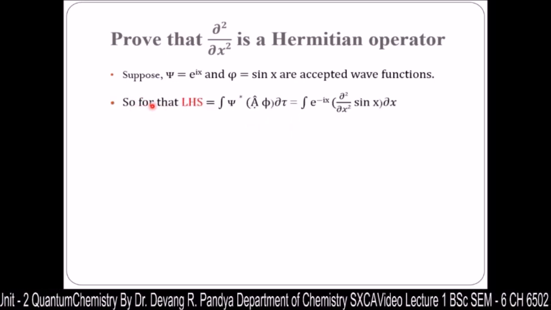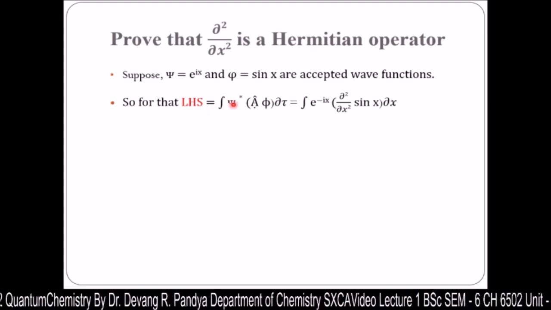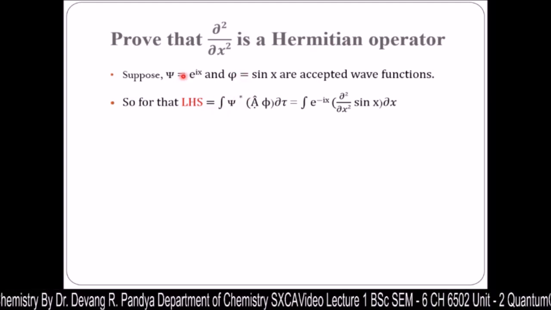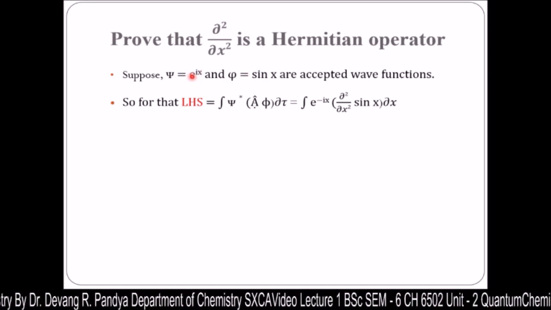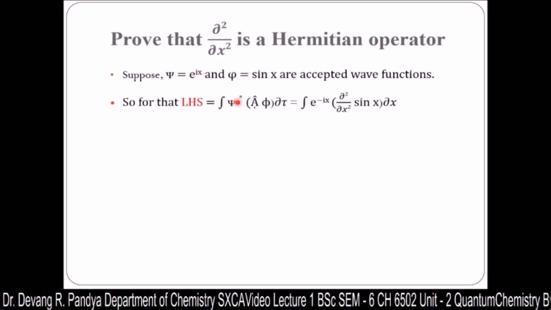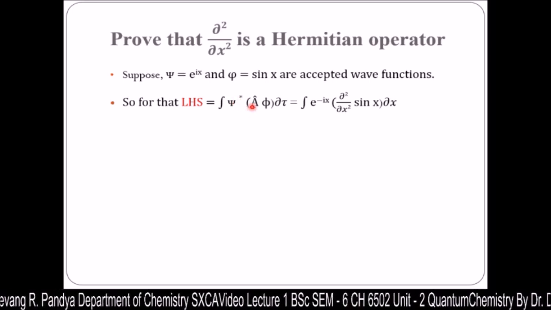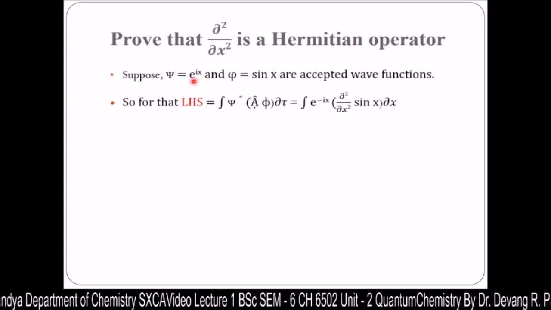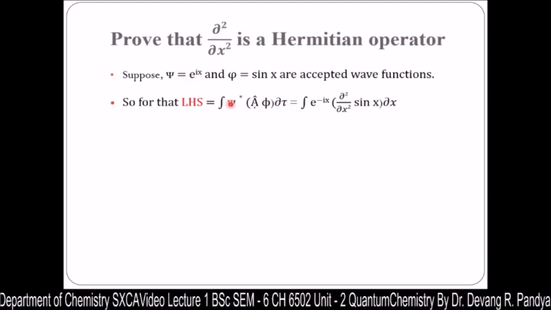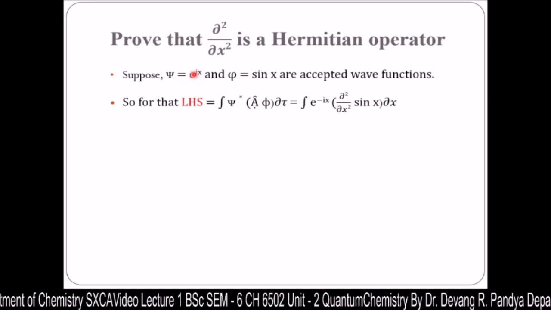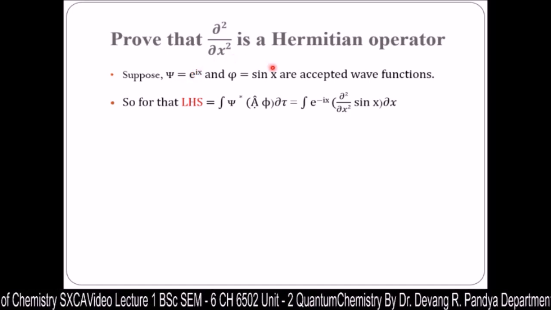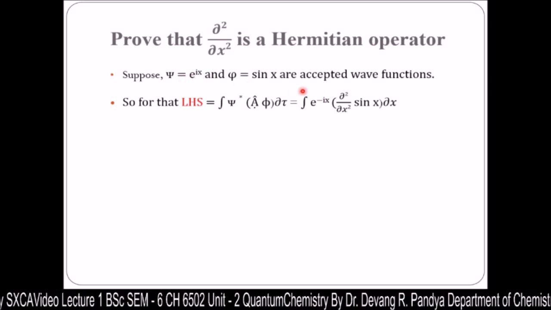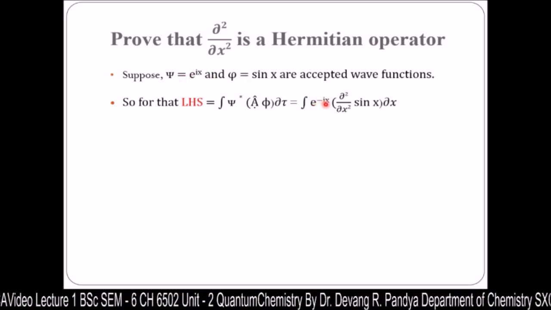So for that, left hand side is equal to integration psi star. We are going to take the complex conjugate of this exponential ix, and use it here, with operator A operating on phi, d tau. Instead of psi we need to put its complex conjugate. In the complex conjugate, plus ix turns into minus ix, so instead of exponential plus ix we use exponential minus ix.